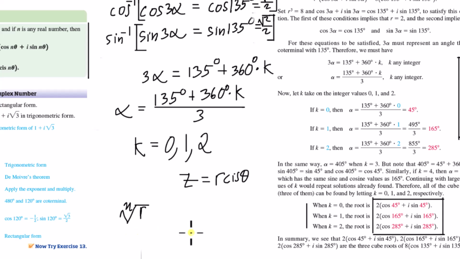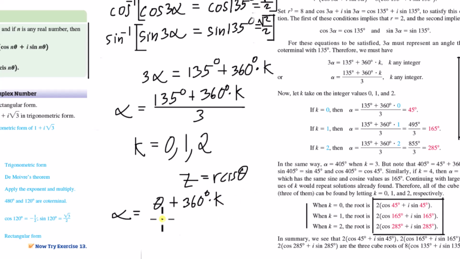And then the angles are just going to be, from what we just did, we can see that the angles alpha are going to be, you take the angle of the complex number you're trying to find the roots of, theta, you just write that angle, and then it's going to be plus either 2 pi or 360 times some positive or negative integer k, and then it's going to be divided by n, right?